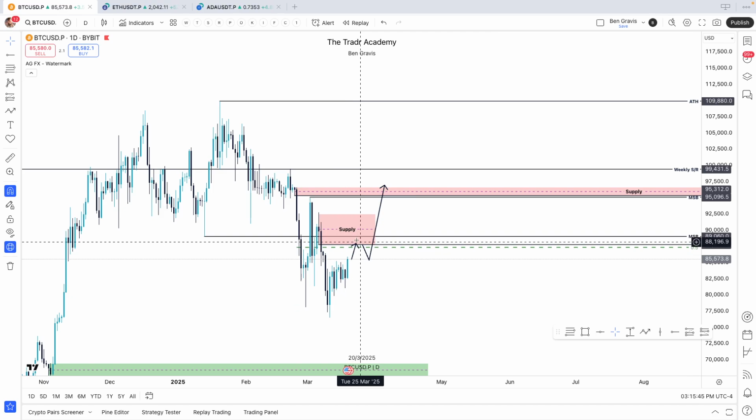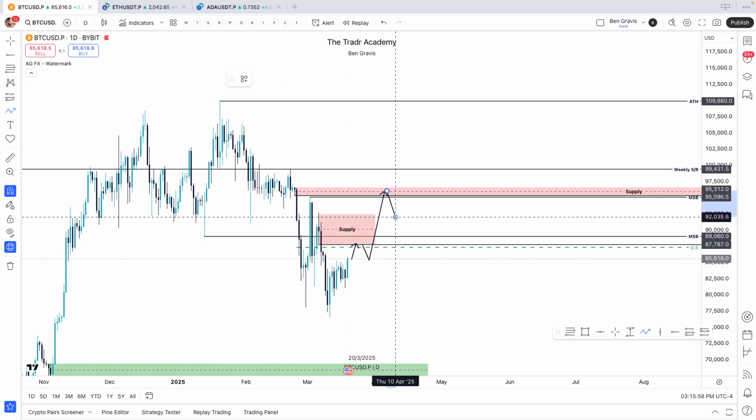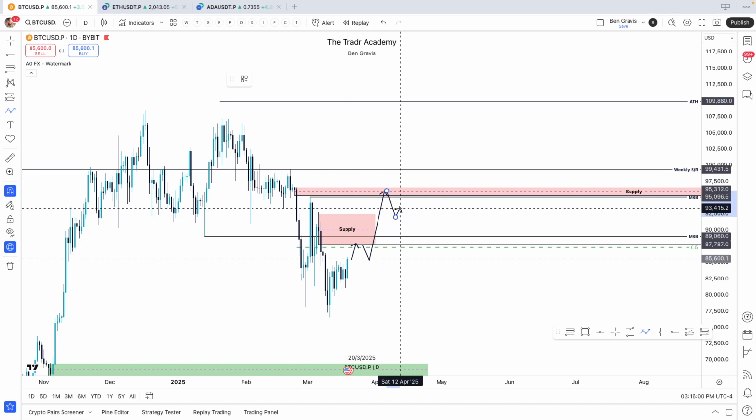For now, we're going to look for a potential short here, potential long, and big short over here. This could be like a big short, something like this. We don't want to close it, and then just the move down.